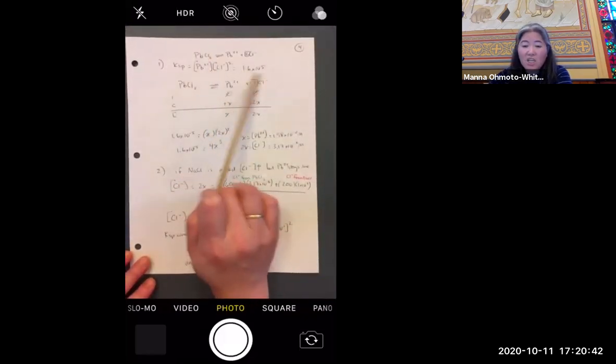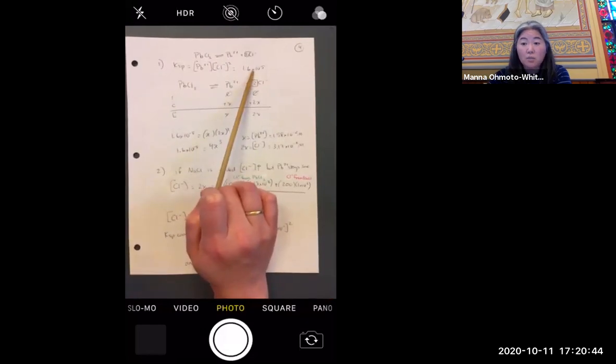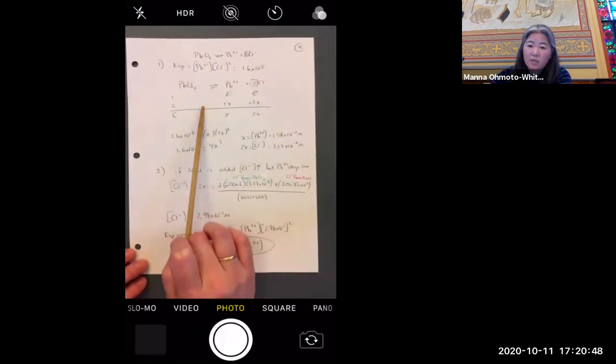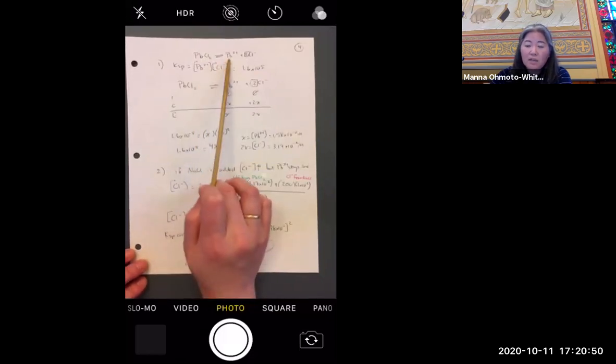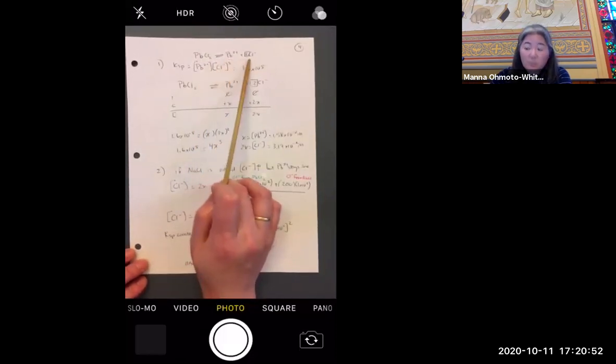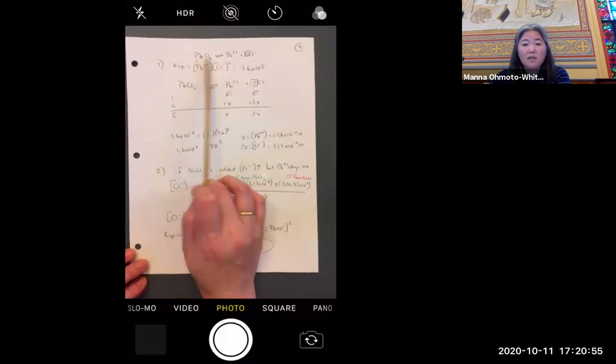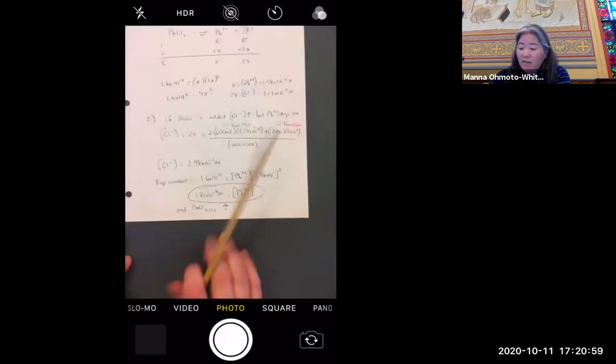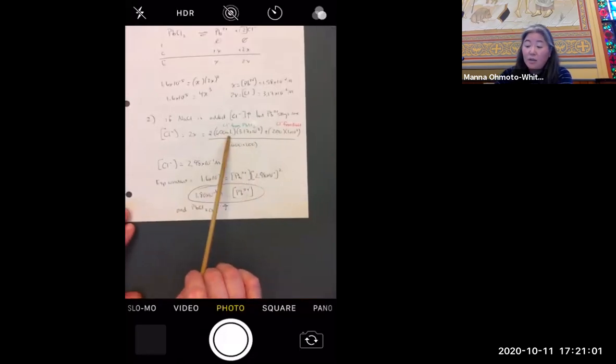In order to keep this Ksp value constant, which it is, my lead ion concentration will have to go down. The only way my lead ion concentration can go down is if it shifts left and I create a precipitate.